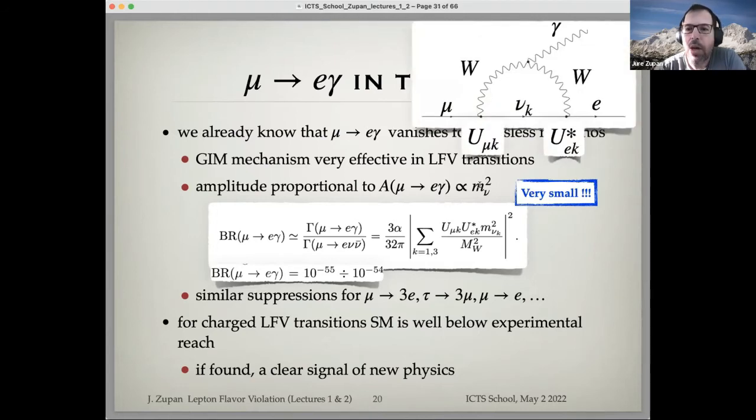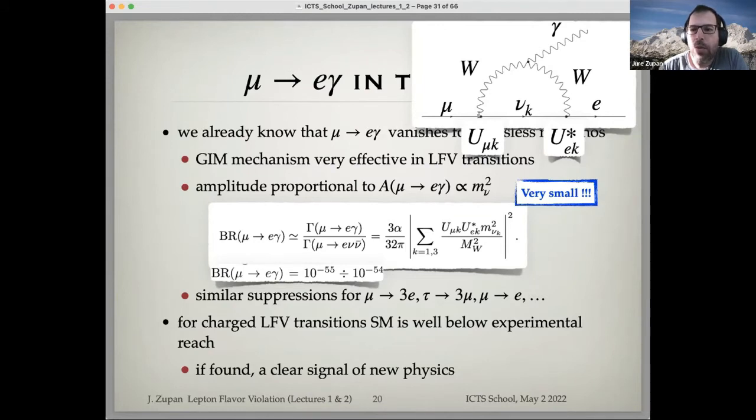Let me look at the diagram. So we start with the muon neutrino, end up with the electron neutrino, and you go from the muon to some neutrino flavor. So there will be U mu k, and then the PMNS matrix takes me back to the electron, but now with U e k, complex conjugated.